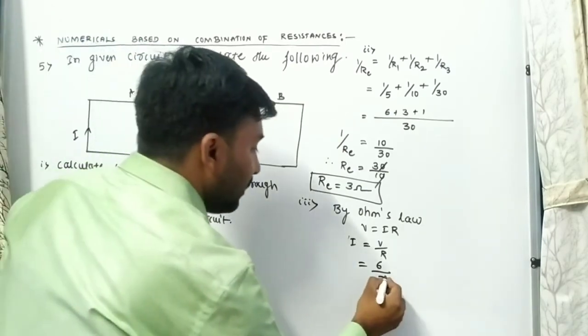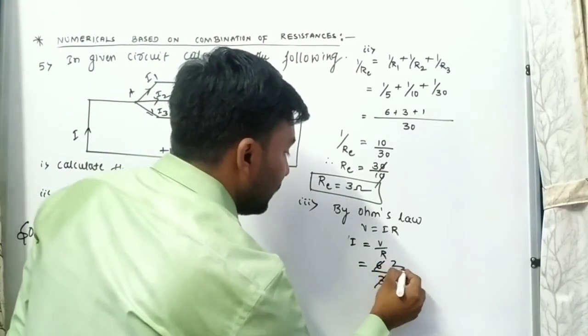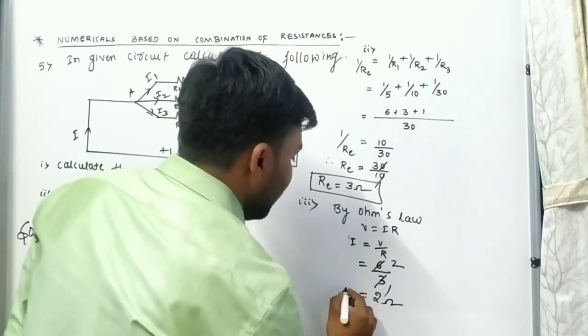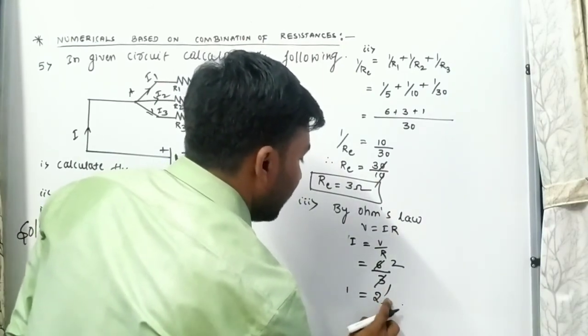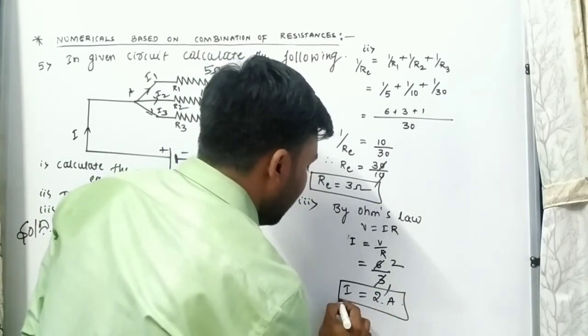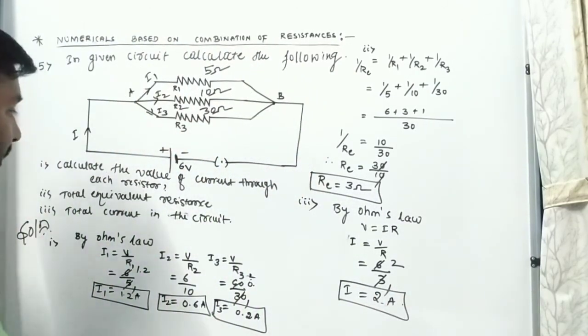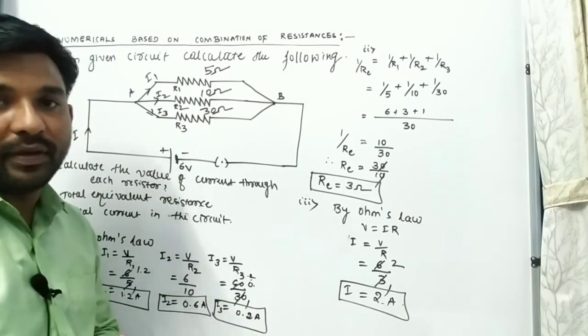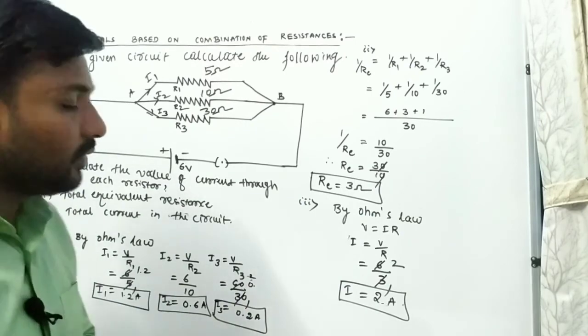Now 3 ones are 3, 3 twos are 6. This is equal to 2 ampere. So here the current flowing through the circuit is 2 ampere. So hence we have solved the problem.